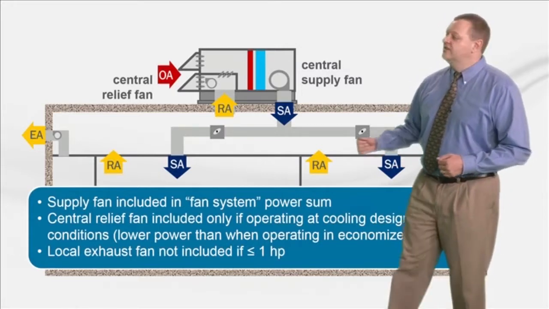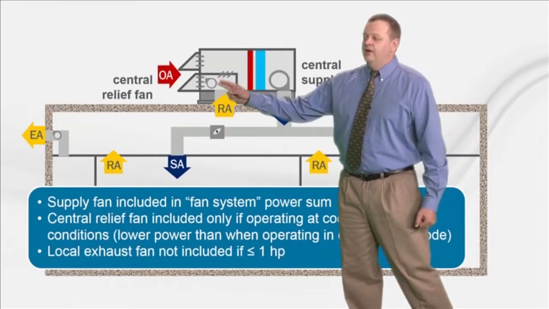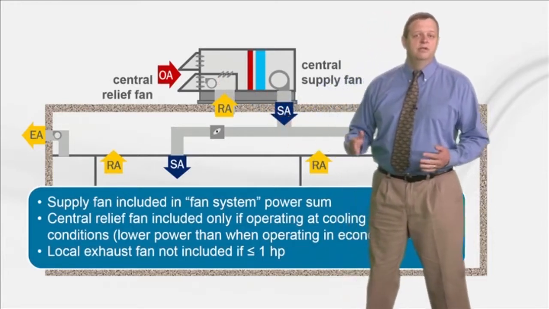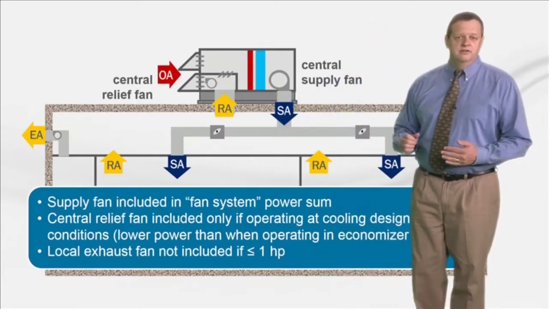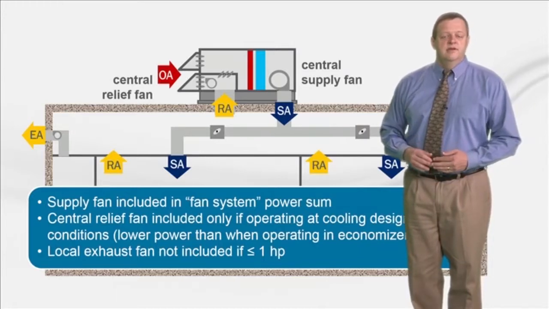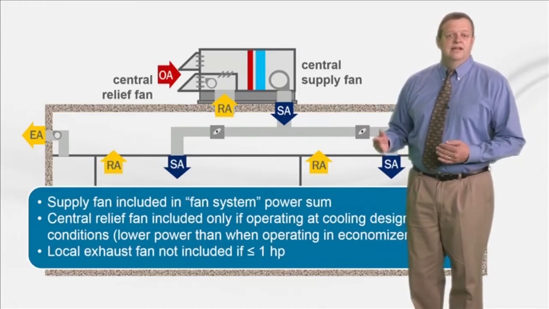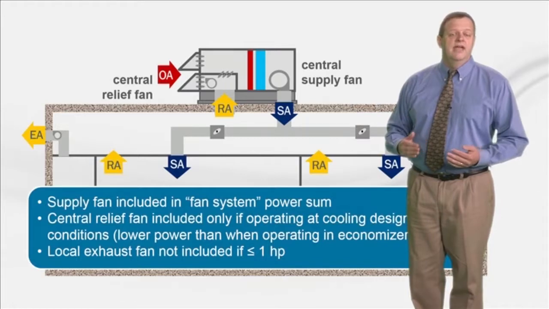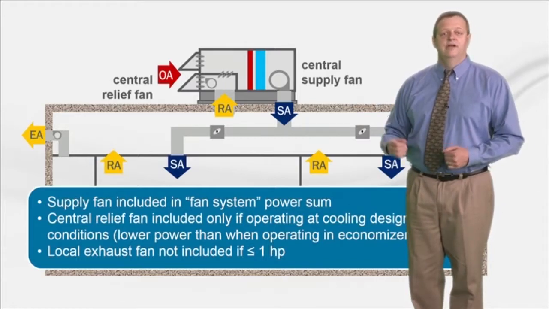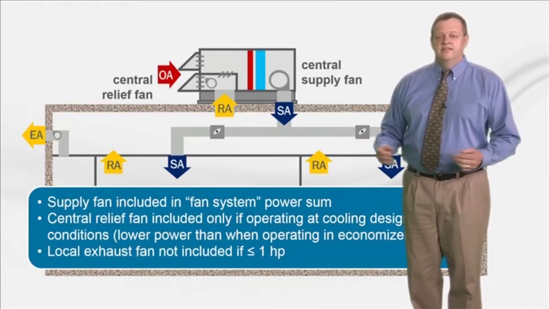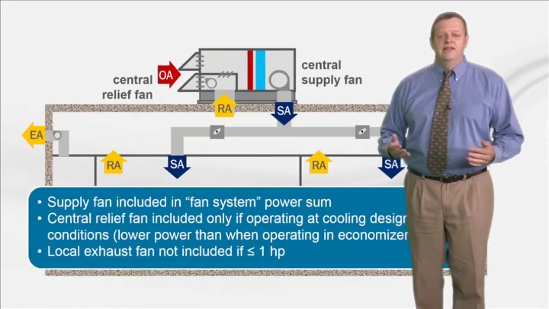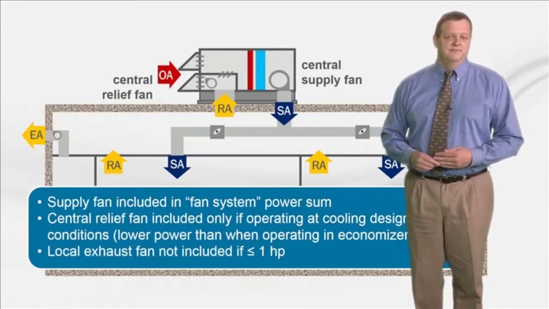However, in other applications, this central relief fan may operate at cooling design conditions to control building pressure and then must be included in the sum. But in that case, this fan will likely operate at a much lower airflow and use less power than when operating in the economizer mode. This often causes confusion on how to apply the fan power limit to this type of system.